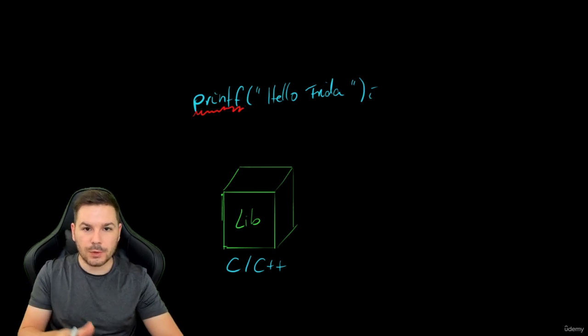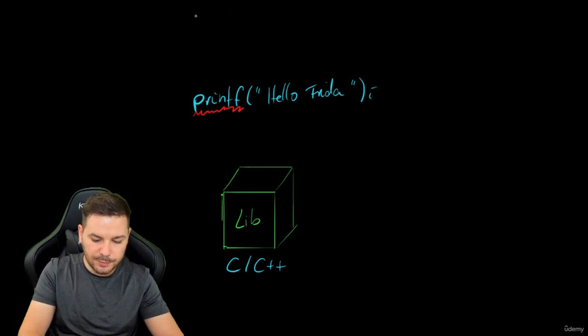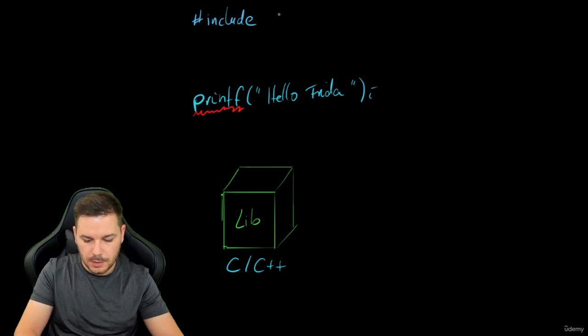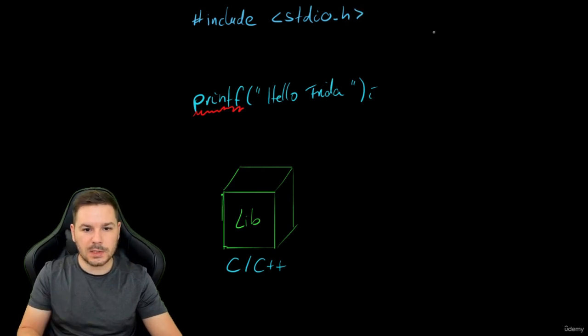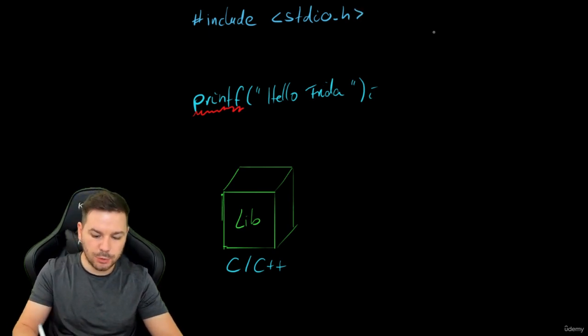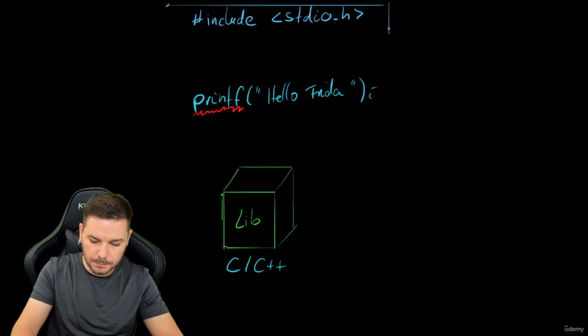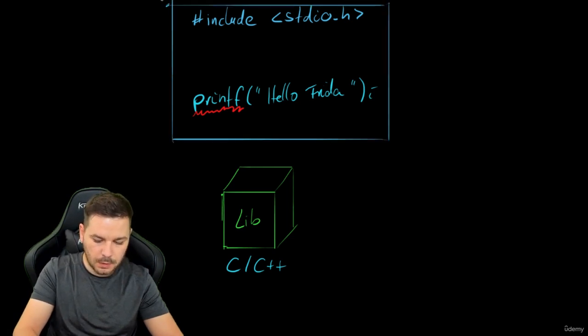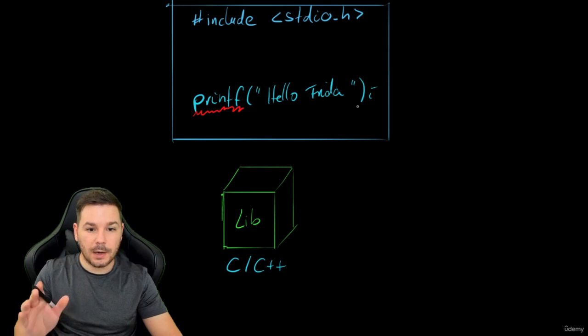If you want to use this out of the standard libc, then we have to include the standard stdio.h file. This standard IO header file will be included into our program, and now the program knows that this is the printf function out of the standard IO header file. This function won't be flagged red anymore.